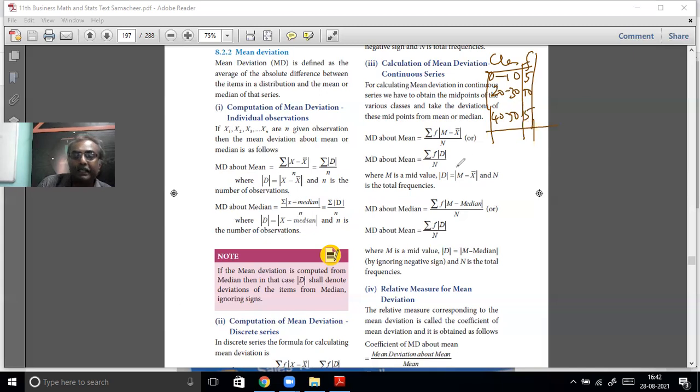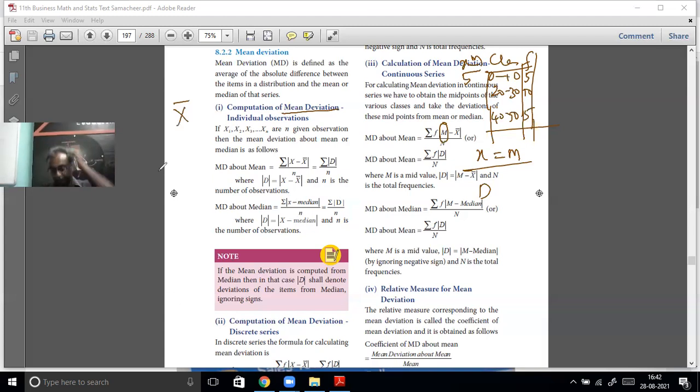Okay, in this case what do you have to find? You have to find the midpoint. Instead of x, you find the midpoint. Class 0 to 10 midpoint is 5. 5 will become your x, or you just keep it as m. Wherever you are calculating mean deviation, you have to find the arithmetic mean first, or the median first, whichever they ask. This is the first step.